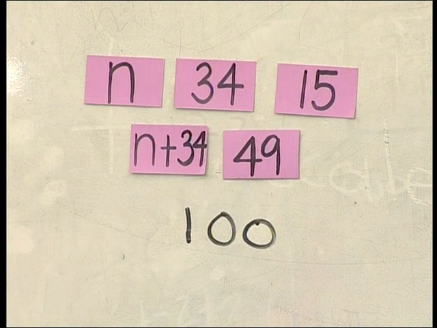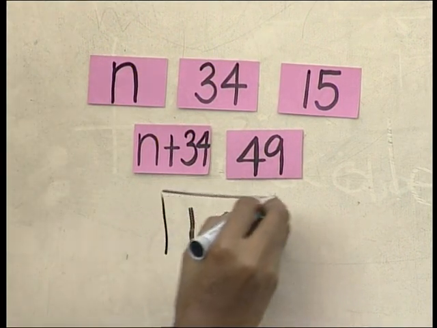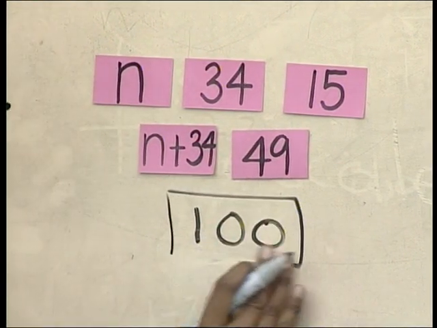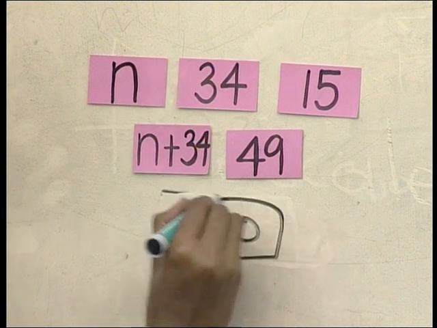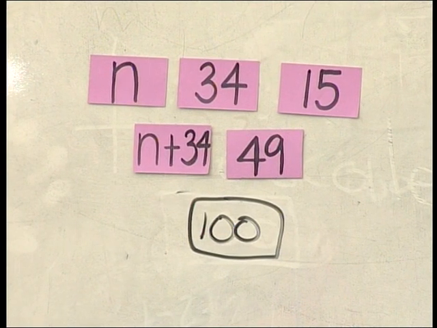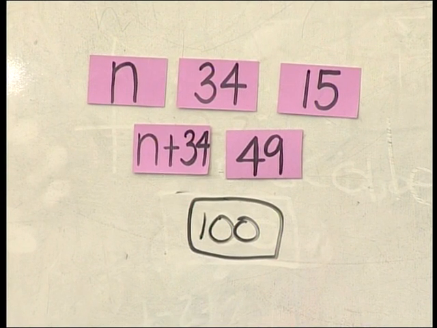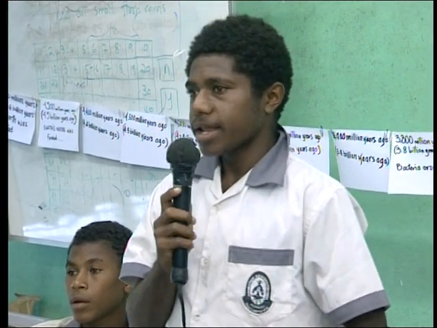So, receiving students, 7Es, any idea? Okay, Emmanuel? Add together the second tier and minus by 100.